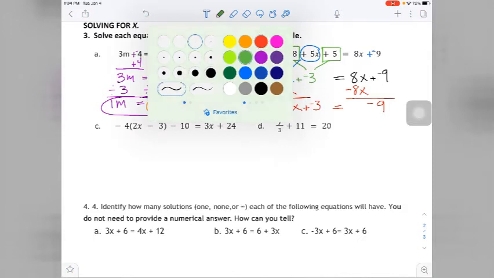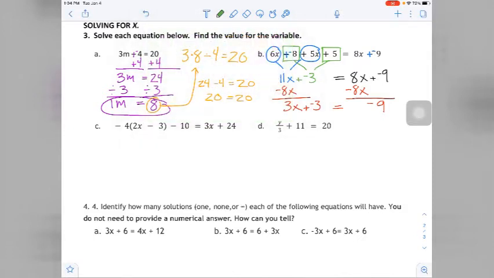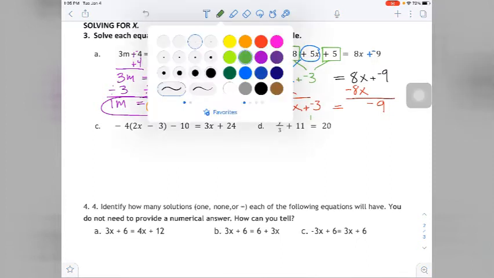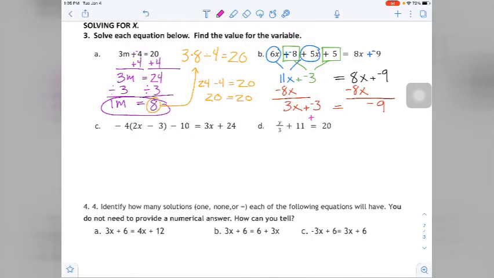And then the next step would be to get rid of the negative 3. So I have all of my x's on this side. I want to get rid of this negative 3 to get all of my 1's on the other side. So I want to create a 0 pair with this negative 3. I can either add 3 to that, or I can subtract negative 3. Let's use a different color. Let's go with pink. I'm just going to say I'm adding 3, and I'm adding 3 here.